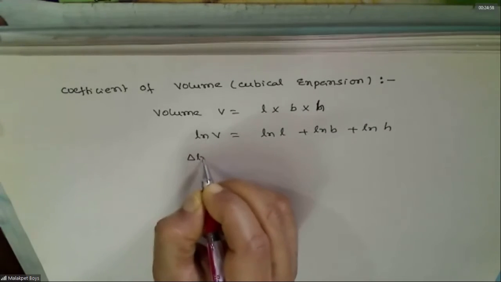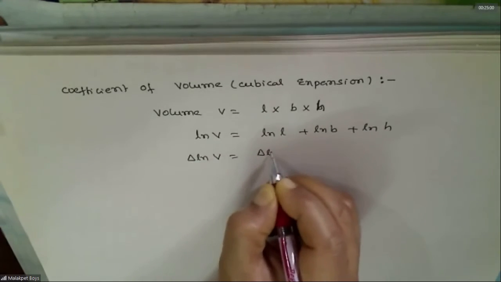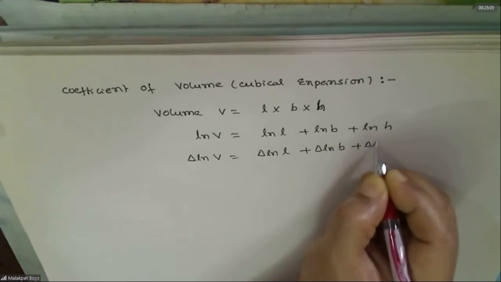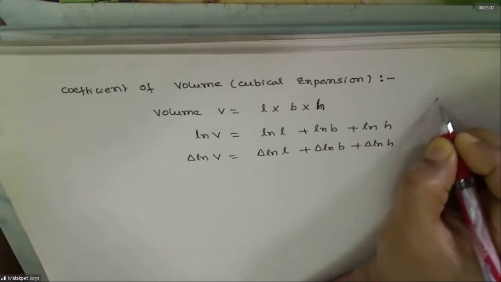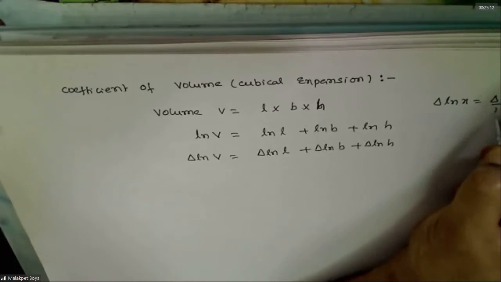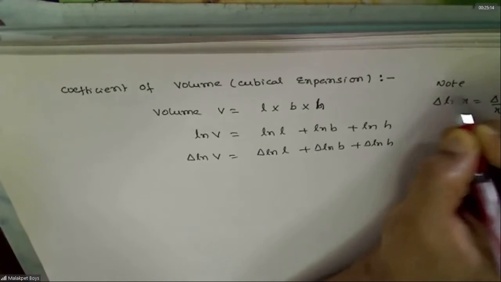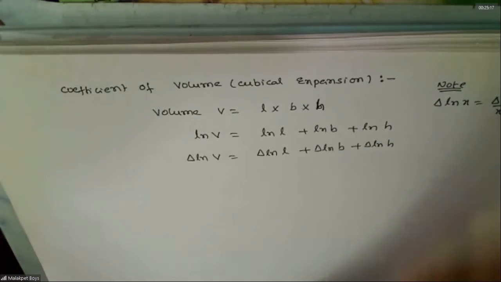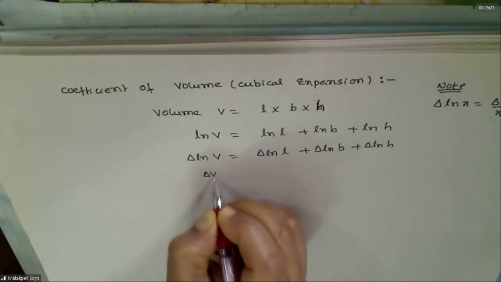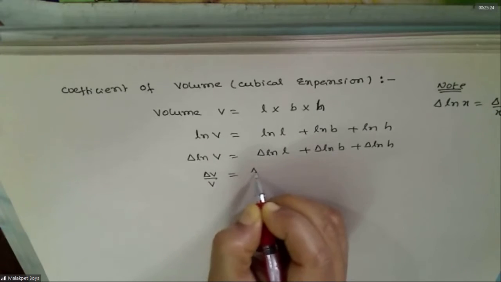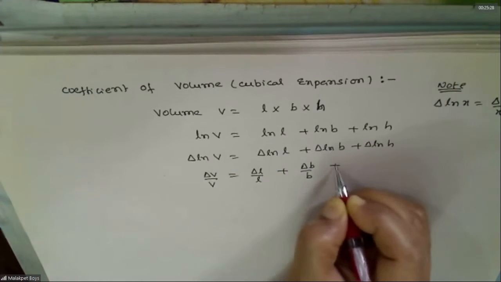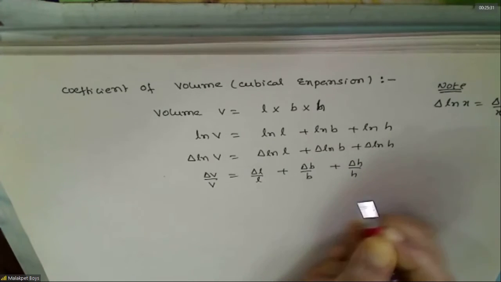Now take the differential changes. I told you, change in ln x is change in x by x. This is what you learn in calculus, which I discussed in the beginning. So this will become delta V by V equals delta L by L plus delta B by B plus delta H by H.